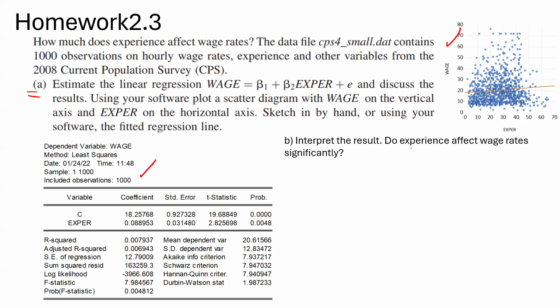Does experience affect rate significantly? When you work with real data, instead of doing the four steps with H1, you can jump to see the probability.